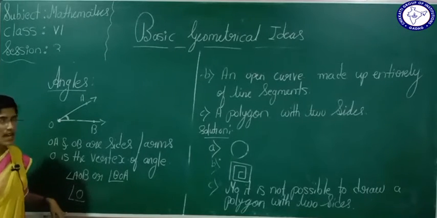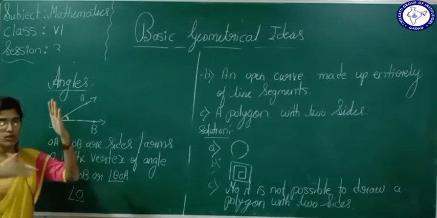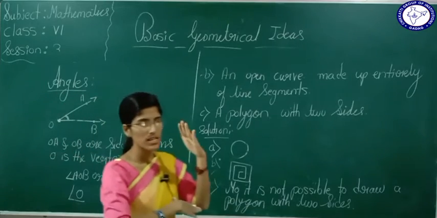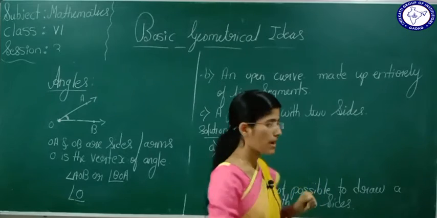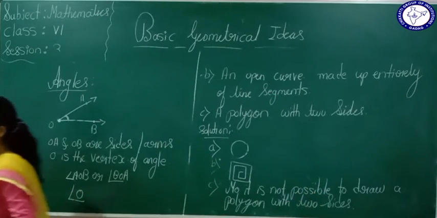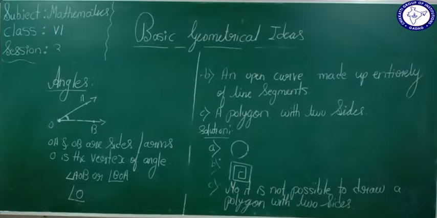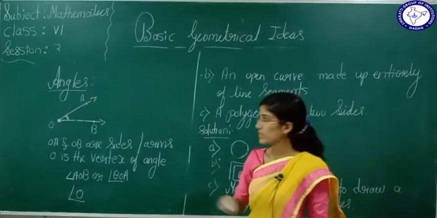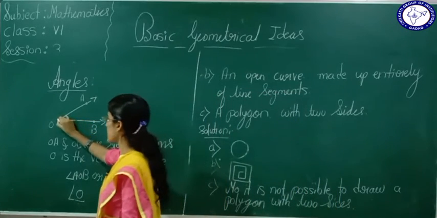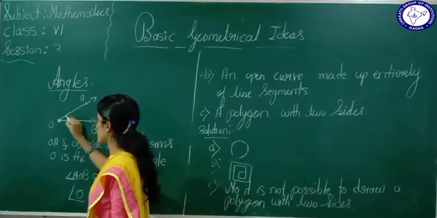So what is an angle then? How is an angle formed? Two rays, when they meet at a point, at that time we form an angle. What can we tell here? An angle is formed when two rays meet at a point. Now see, the two rays are meeting at this point. We are going to form an angle here.